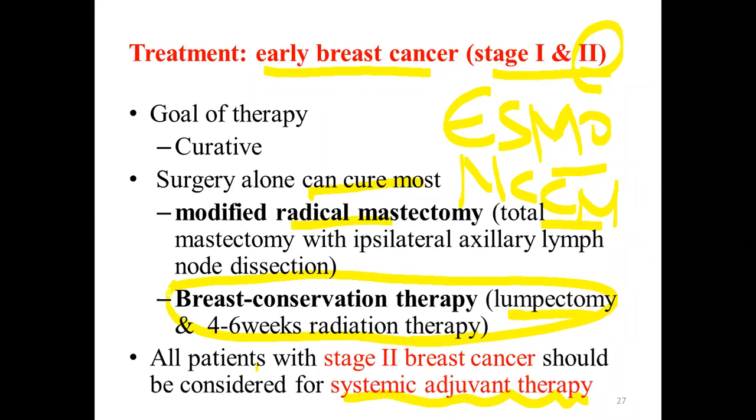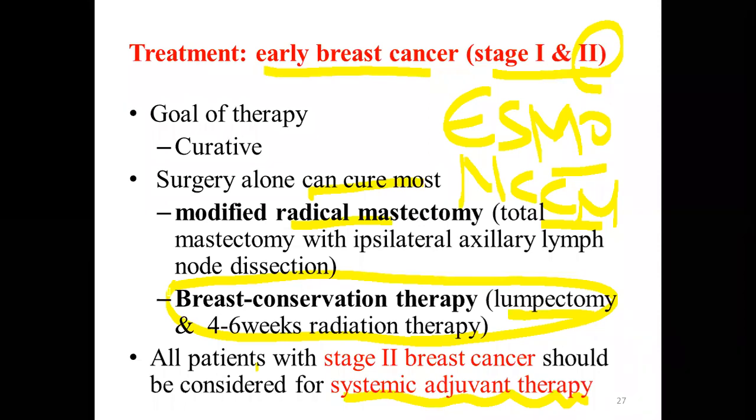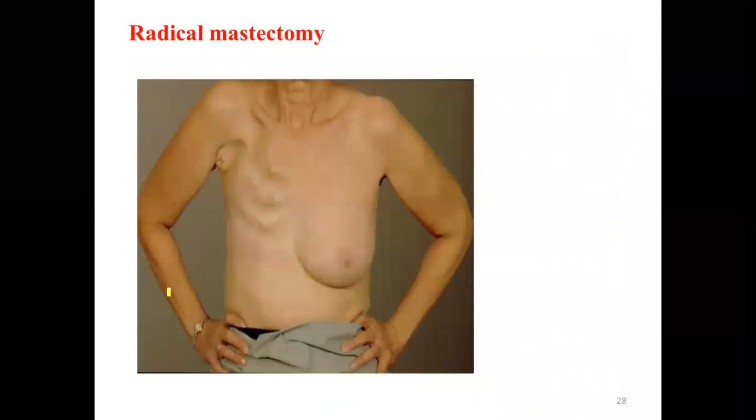According to the guideline, because of the cosmetic benefit, this is the more preferred treatment modality for early stage disease, since the outcomes are the same as radical mastectomy while you are not resecting the whole breast. For stage 2 disease, systemic adjuvant therapy is usually recommended. So this is how we manage stage 1 and stage 2 disease.